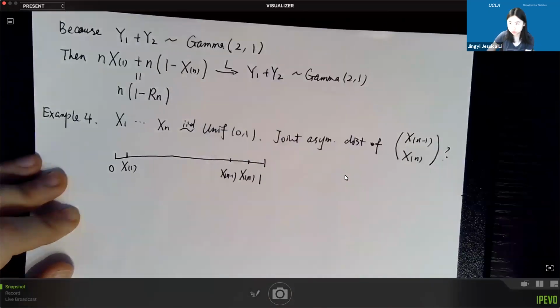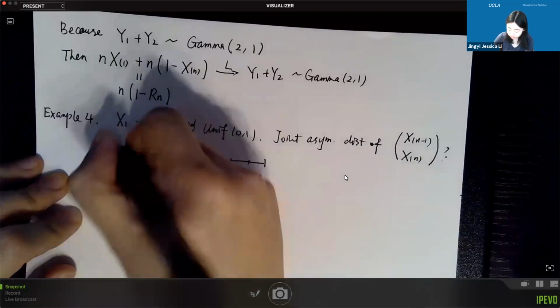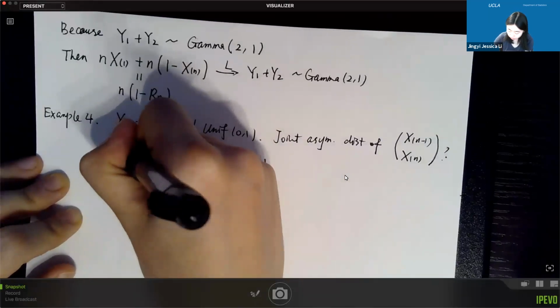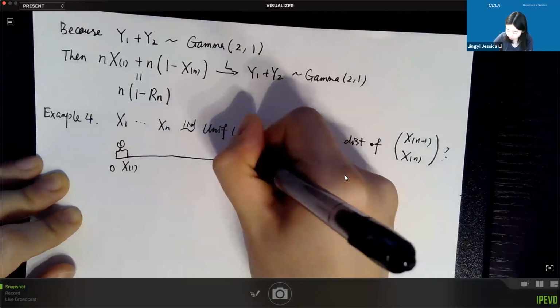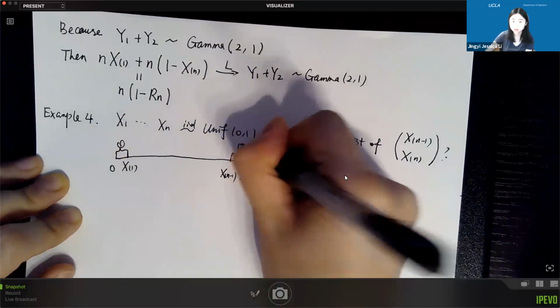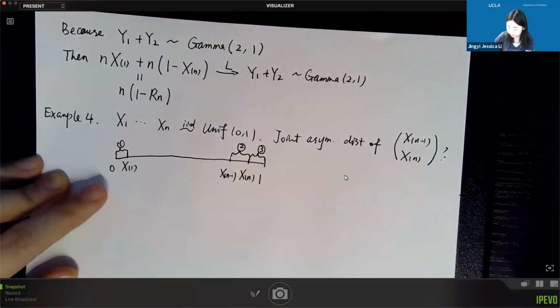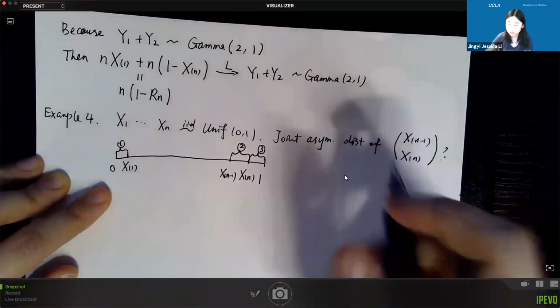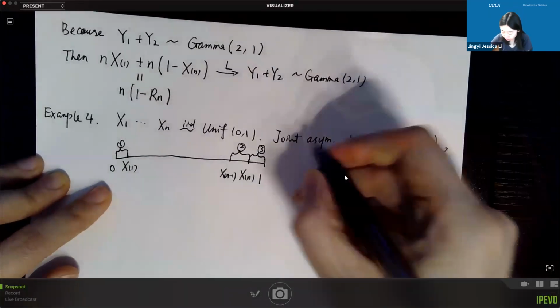So in short, for these segments, let me call this one 1, this is called 2, and this is called 3. What I want to say is that, very interestingly, if you think about these 3 segments, they are actually behaving like independent ones, asymptotically, I should say.